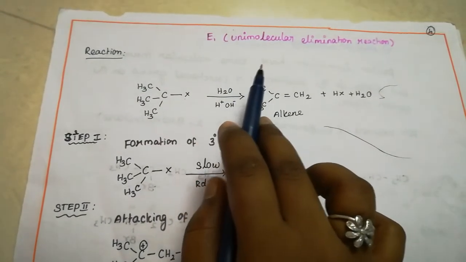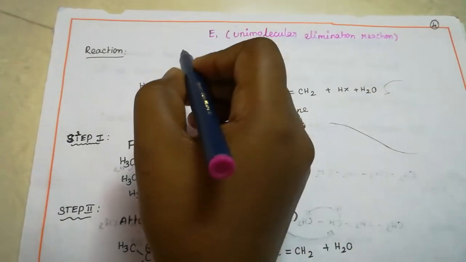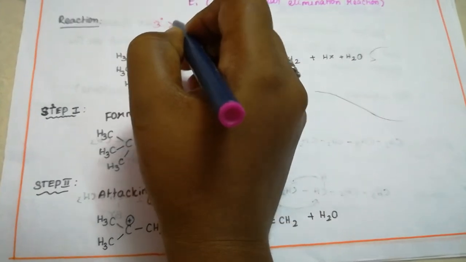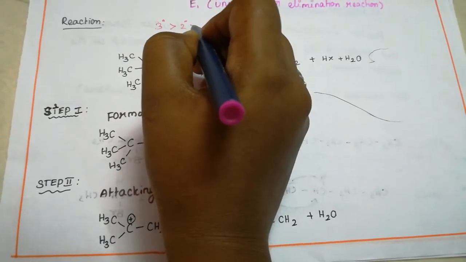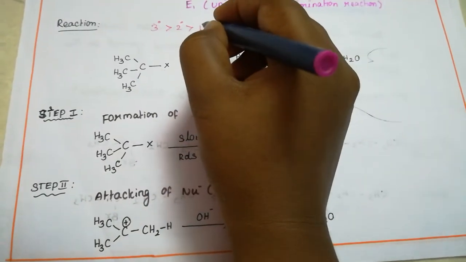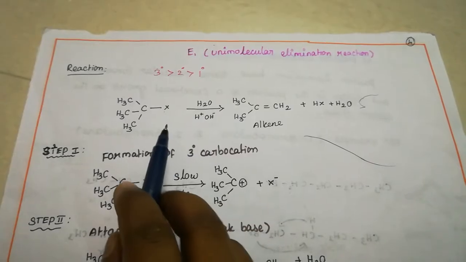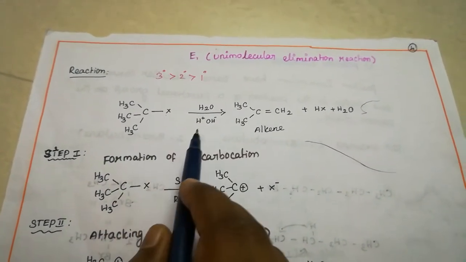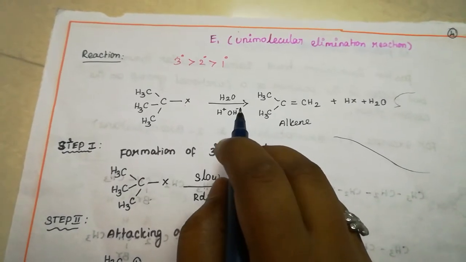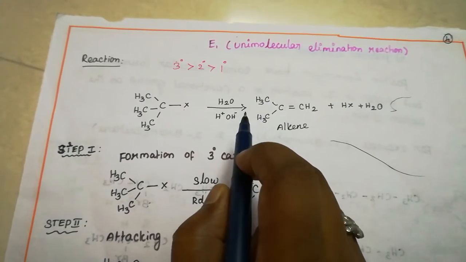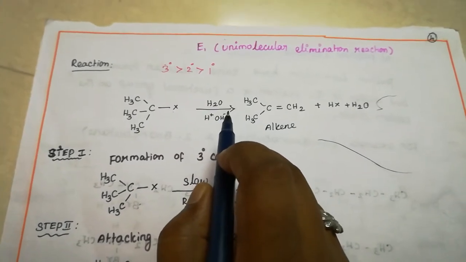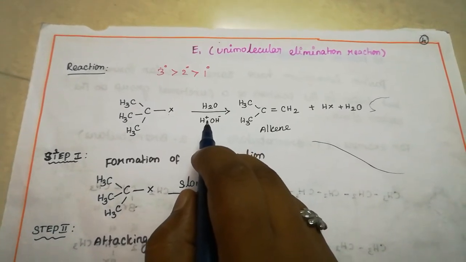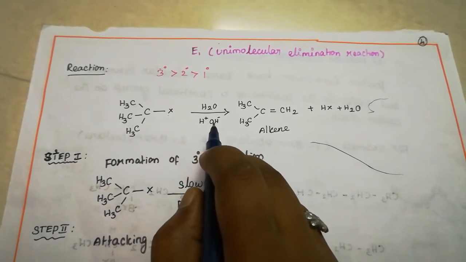E1 unimolecular elimination reaction. The first factor is tertiary greater than secondary greater than primary. So I take a tertiary haloalkane. Here I am going to introduce the weak base, water molecule. This is our factor 2. Here this water molecule splits into H plus and OH minus.